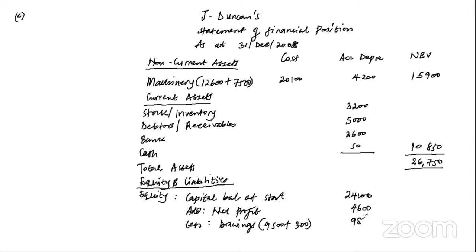This gives you 10,800. When you add up 24,100 plus 4,600 minus 9,800, this gives you 18,900.